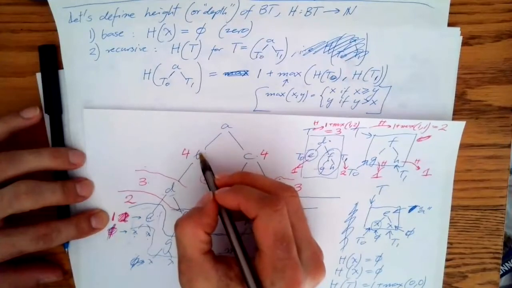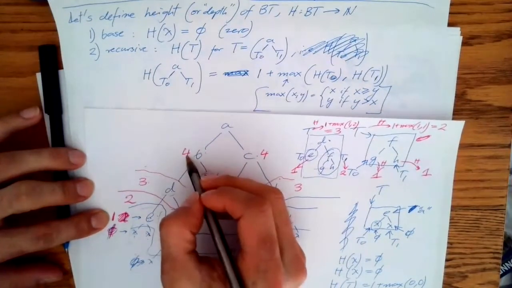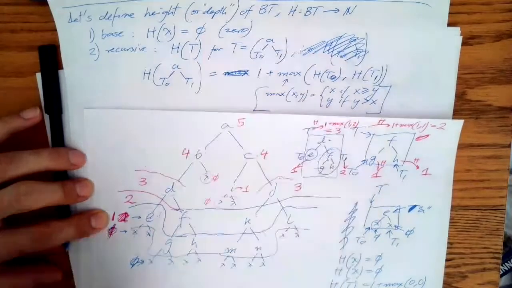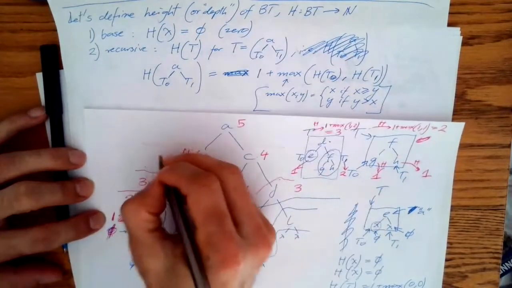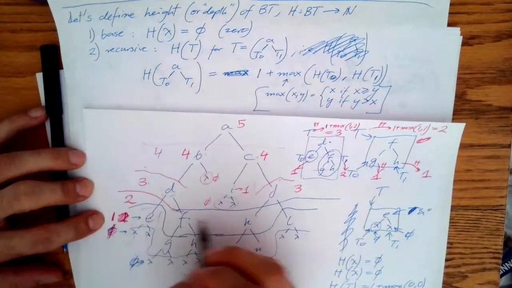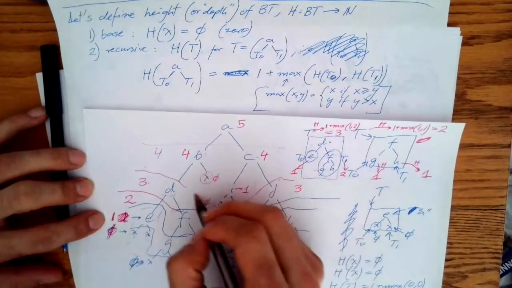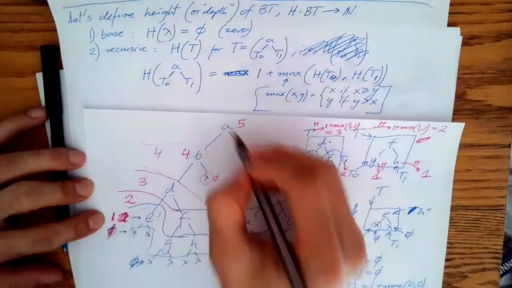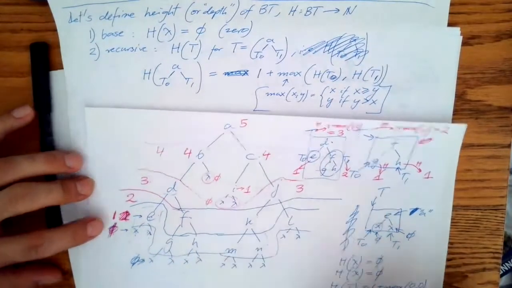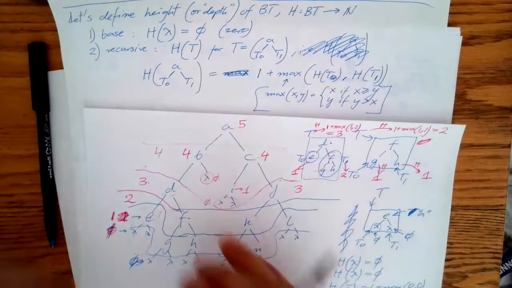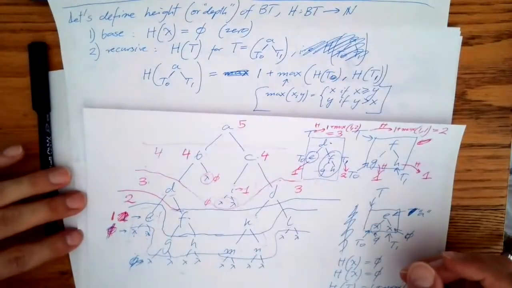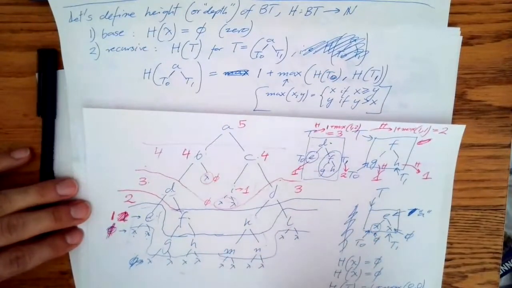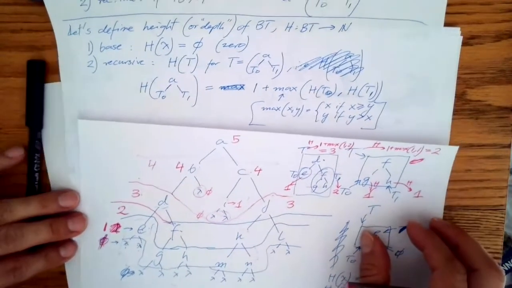So this is 1 plus the max of the two, which is 4, and the final tree has height 4. That's how this function successfully defines the height of every binary tree.